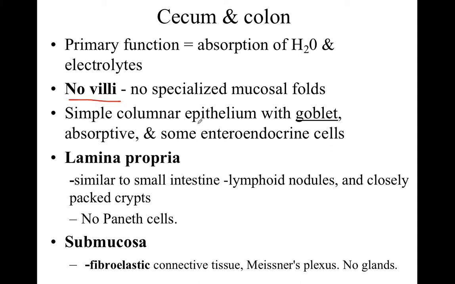Their typical epithelium is simple columnar epithelium with goblet cells. Again, we have absorptive cells, regenerative cells, and some enteroendocrine cells. We also have the layer of lamina propria, just beneath the epithelium, which is loose connective tissue. There are no Paneth cells.